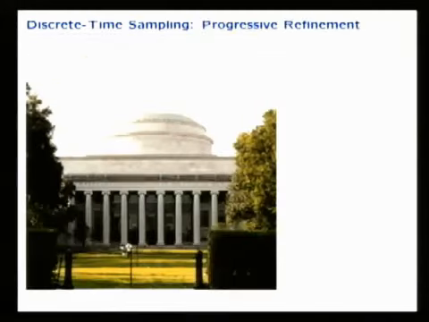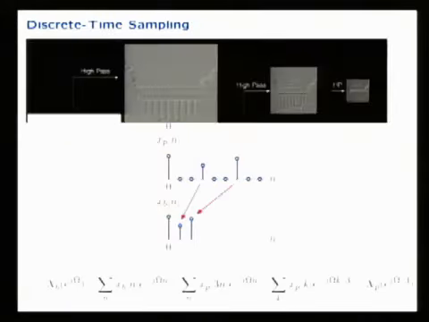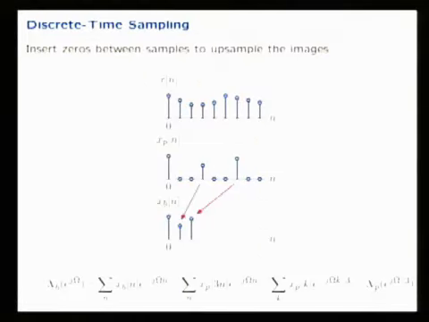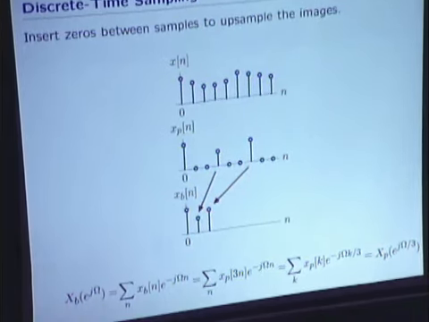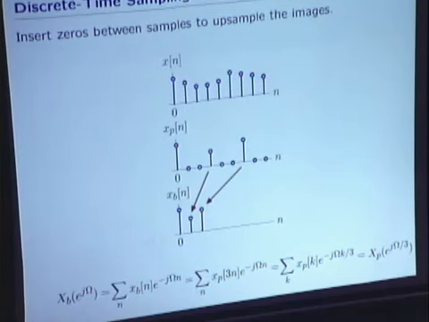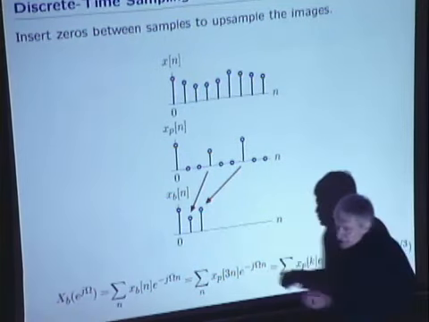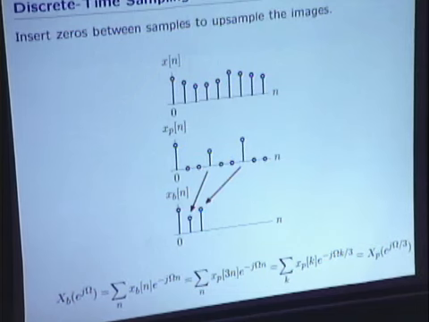Let me back up. So in order to go forwards, I thought about squishing this into a smaller representation. Well, I can go backwards. I can upsample. When I upsample, all I do is I take all the pictures in the shrunken version, I stretch them, and I put zeros between them. That gets me here.